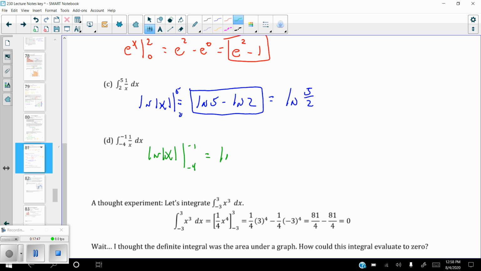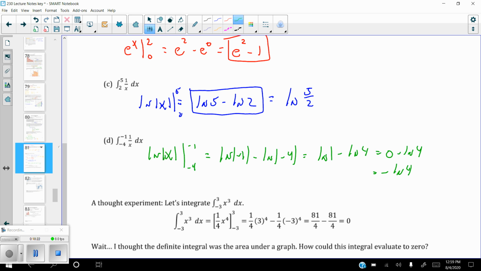So now I can do the natural log of the absolute value of -1 minus the natural log of the absolute value of -4. The absolute value of -1 is 1, so it's the natural log of 1 minus the natural log of 4. I don't know the natural log of 4, but the natural log of 1 is 0. So what we get is 0 minus the natural log of 4, or the negative natural log of 4.